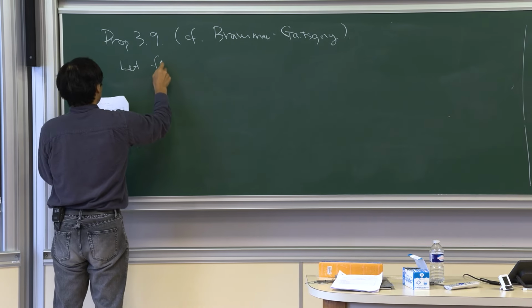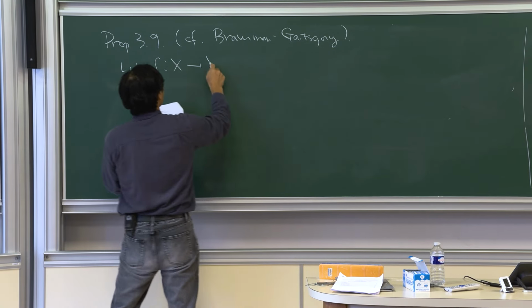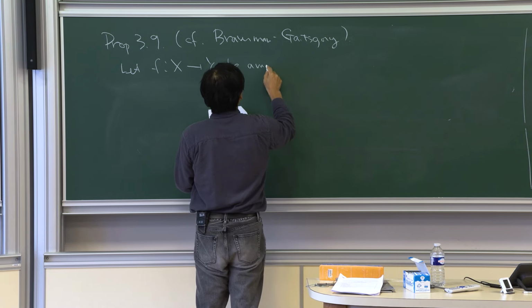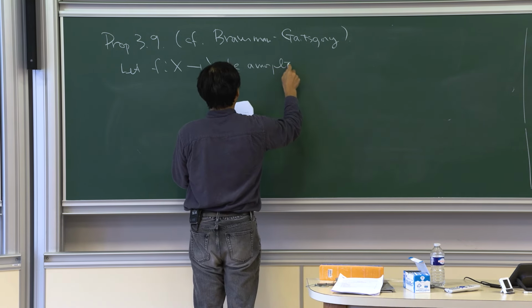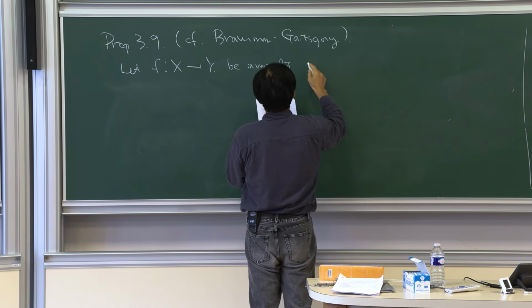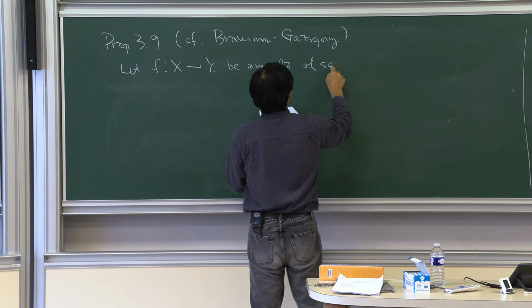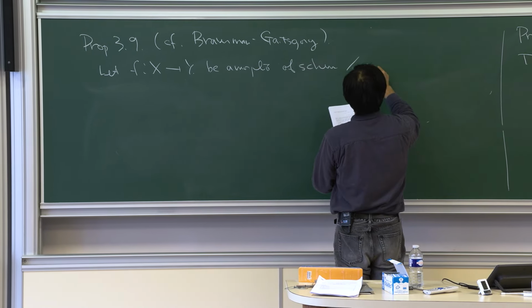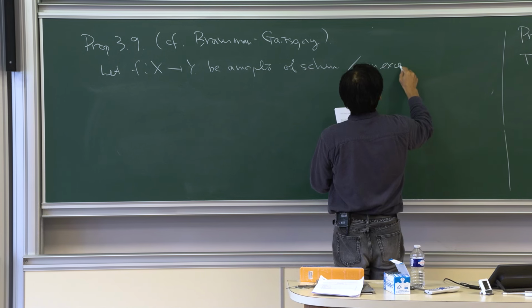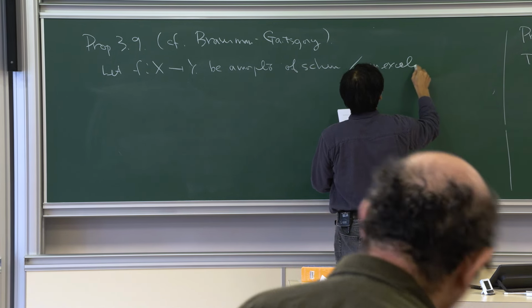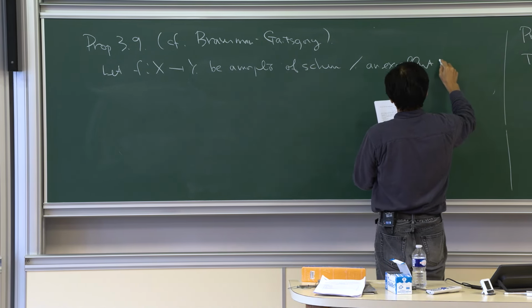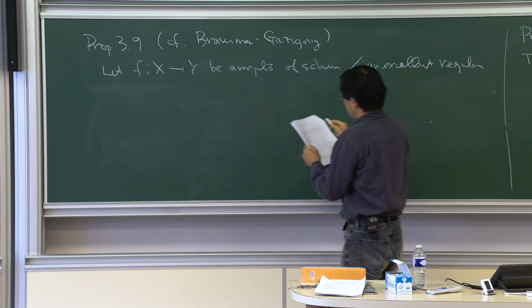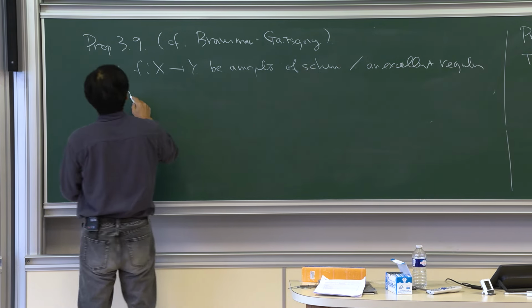So let F be a motion of schemes over an excellent regular Noetherian scheme S.